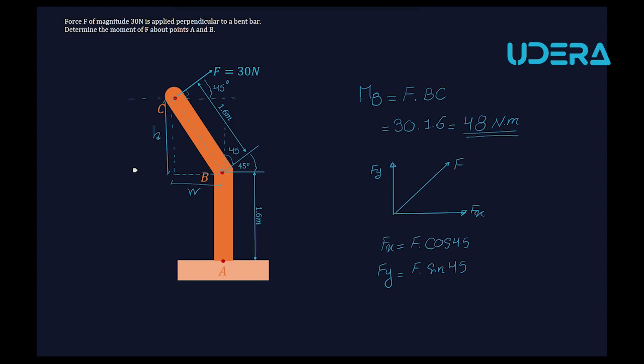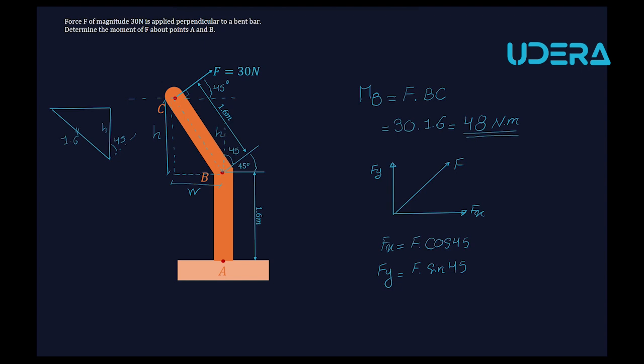So this is H because it has the same dimension, and I can say H is nothing but the sine of 45, because here I have one right triangle where this is 45, this is H, and this is the hypotenuse, which is 1.6.